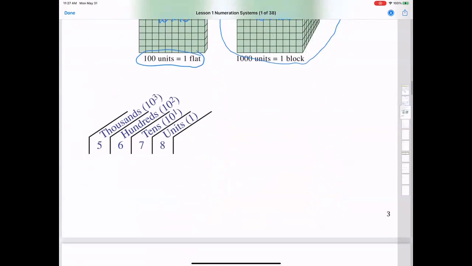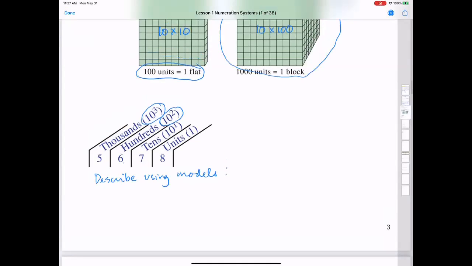Okay, so if I have the number 5,678, it means that I have 5,000s or 5 groups of 10 to the third. I have 600s, which is 6 groups of 10 squared, 7 tens, which is 7 groups of 10 to the 1, and 8 units, which is 8 ones. So if I'm going to describe using models, this is what models you should have to represent this number.